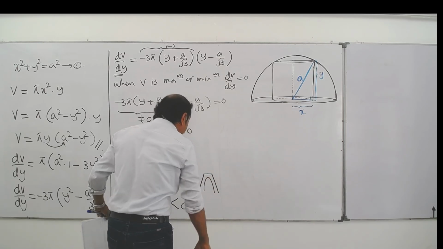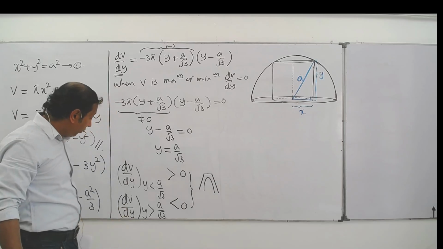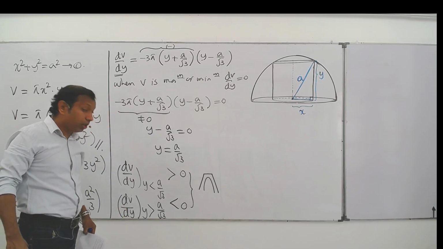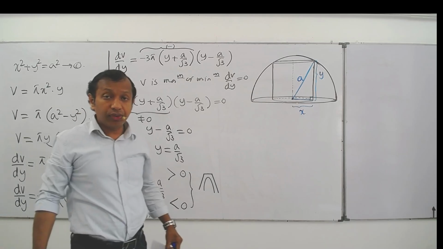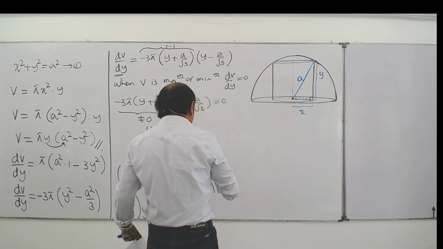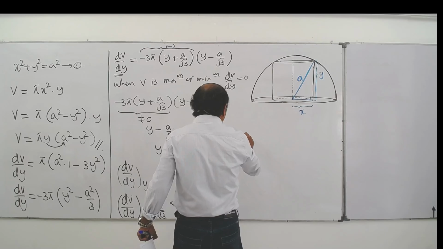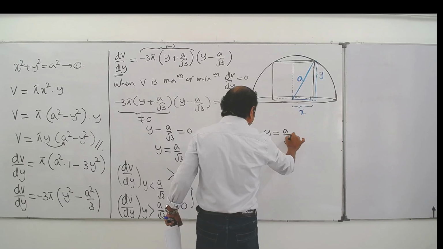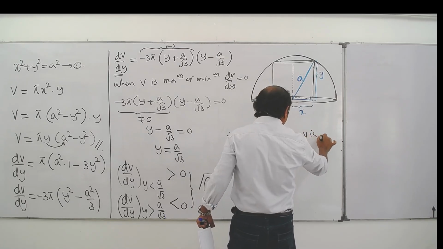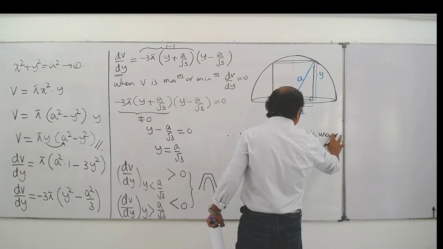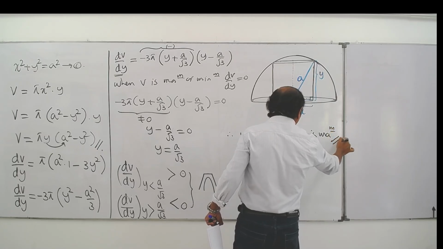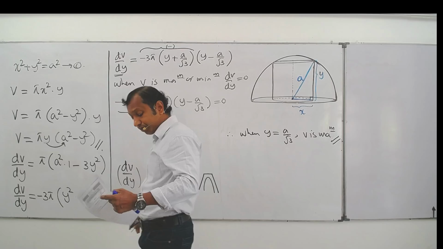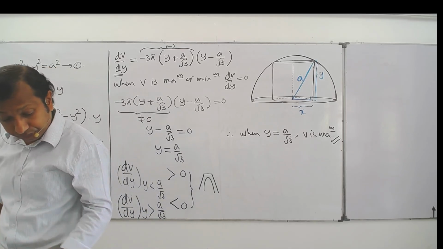Therefore, when y equals a over root 3, V is maximum. This way, we can complete the question.